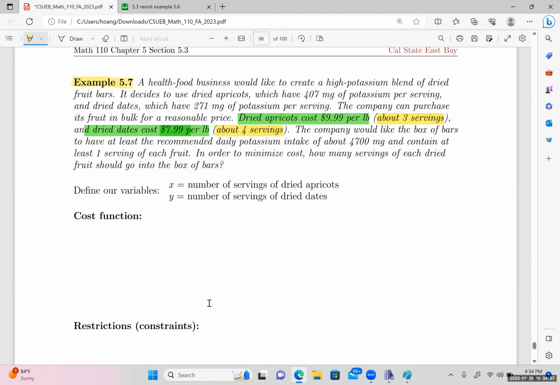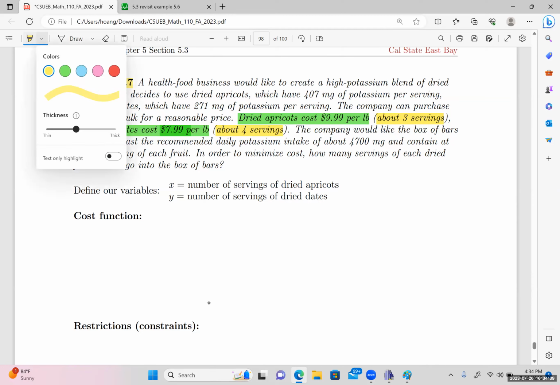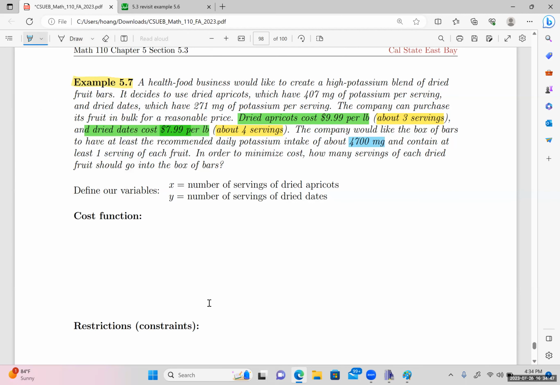Okay, so this is important. We need to use this color: 4,700 milligrams, and contain at least 1 serving of each fruit. Okay.